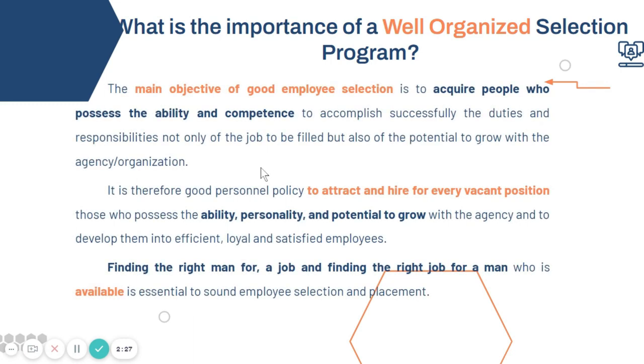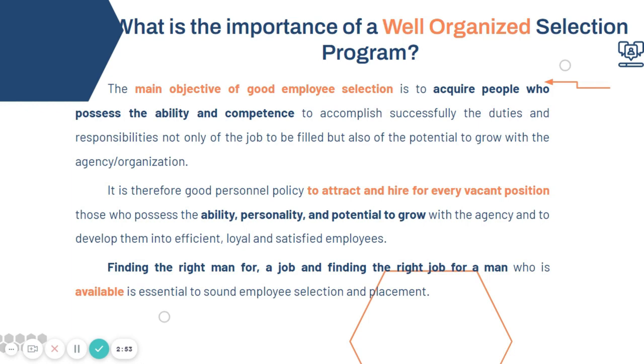The main objective of good employee selection is to acquire people who possess the ability and competence to accomplish successfully the duties and responsibilities not only of the job to be filled, but also of the potential to grow with the agency or organization.